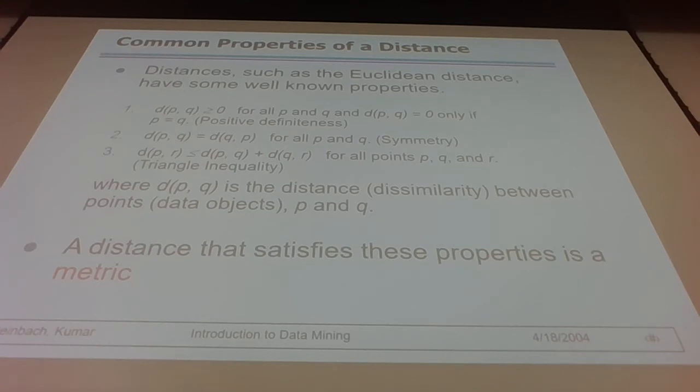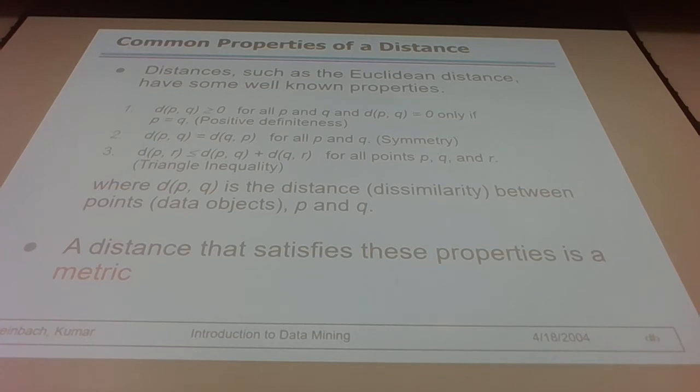And it is 0 only if P is equal to Q. If you have two equal things, then only the distance PQ is 0. So d(P,Q) is greater than or equal to 0 for all P and Q, and d(P,Q) is equal to 0 only if P is equal to Q. So that is positive definiteness.